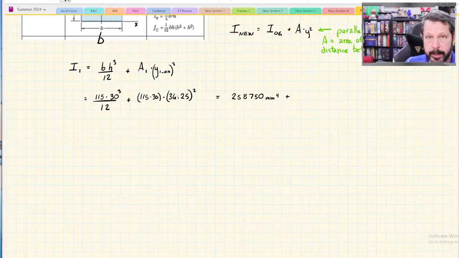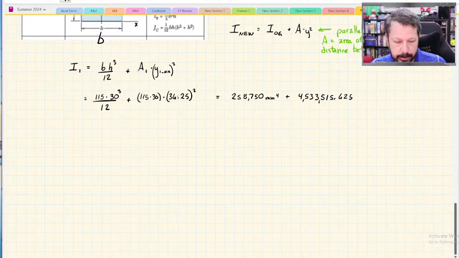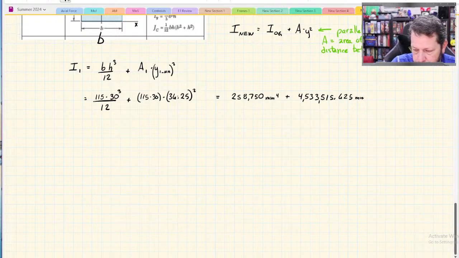Only the y is squared, not the Ay. So plus 4,533,515.625. So 4.5 million compared to 260,000. So these are big numbers. Again, these are millimeters to the fourth, though.